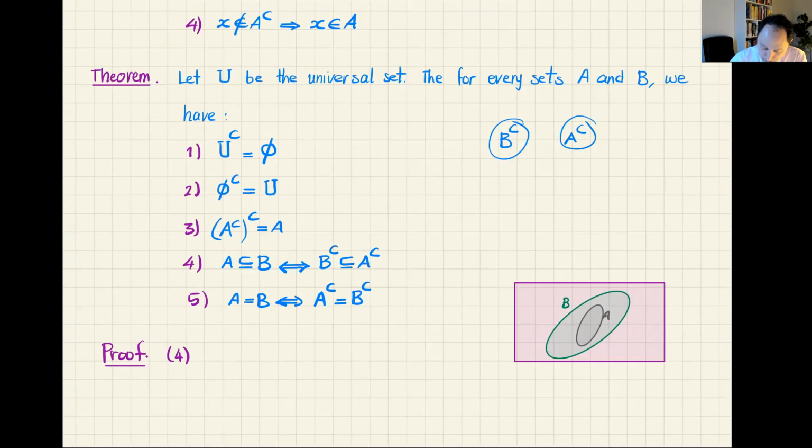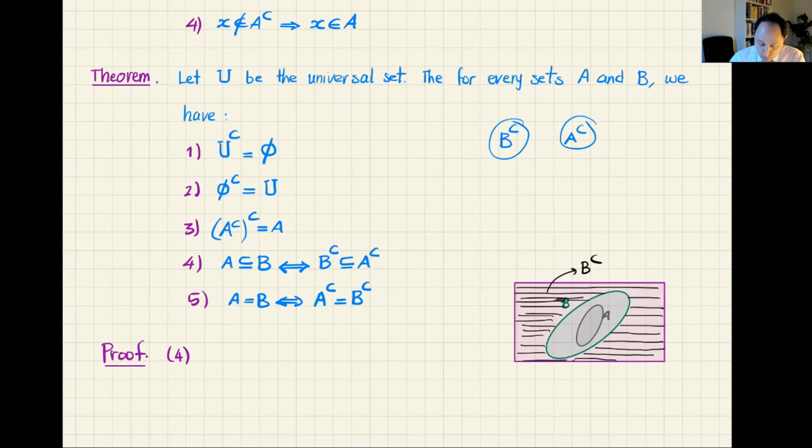Outside B is everywhere here. So I need to be careful not to go inside B. I'm not allowed to enter this green area. But this is outside. So what I have drawn, hatched here, is B complement.